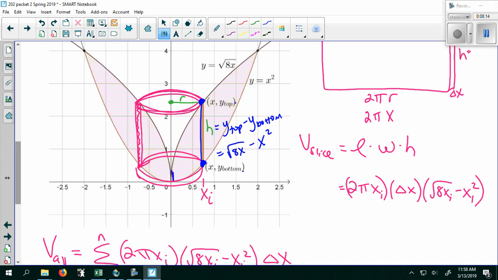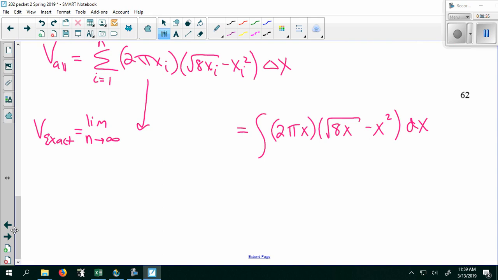I am starting them about here at 0, and I'm going to draw n of them, as many as I can fit. Let n go to infinity. I have all these rectangles, and they are going to 2. So I'm starting at 0 and drawing all these representative rectangles, stacking them up from 0 to 2. So those are my bounds of integration, 0 to 2.